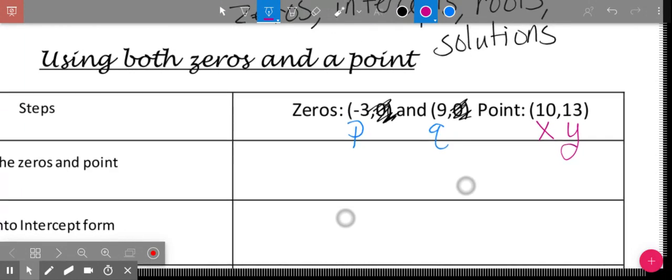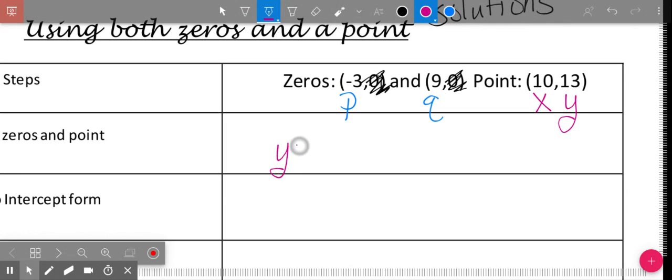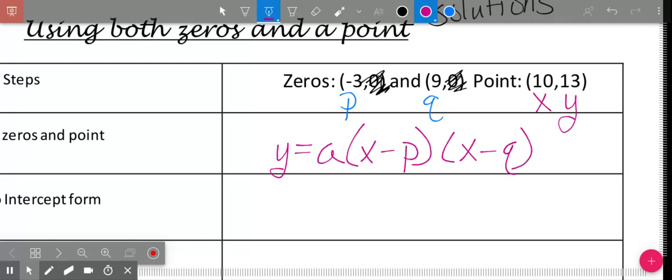Now that we have those labeled, we're going to plug that into our intercept form, which is a times x minus p times x minus q. Instead of a y, now we'll have this 13. So I'll have 13 is equal to, I still haven't given you an a value, so a.